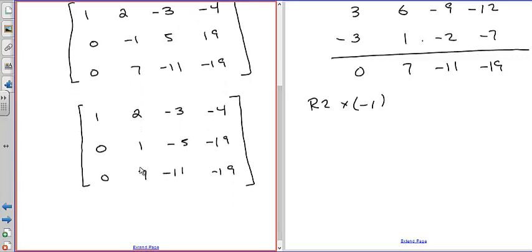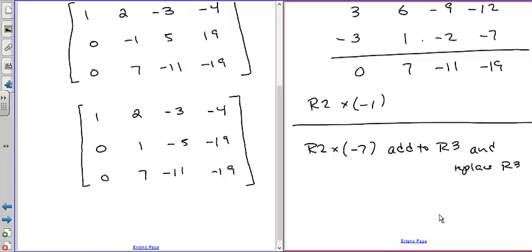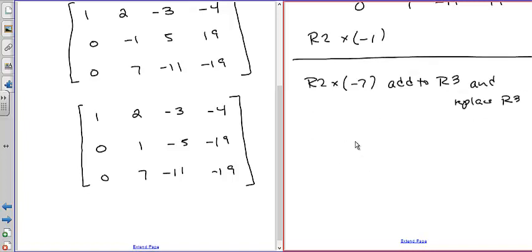Next thing I need to do is get a 0 here. So to do that, I'm going to take row 2 and multiply by negative 7, so that when I add these two together, I'll get 0. So I'll take row 2 times negative 7 and then add to row 3 and replace row 3. Okay, so let's write row 2 times negative 7. So 0 times negative 7 is 0. 1 times negative 7 is negative 7.